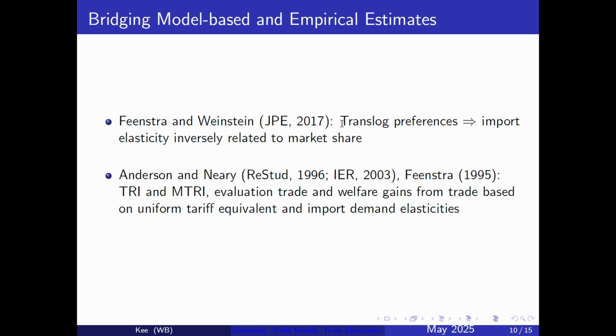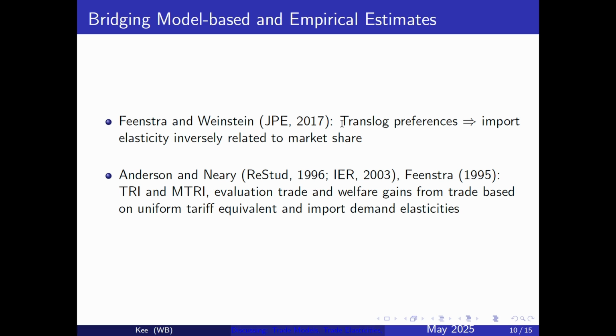And that leads me to my teachers' work, Robert Feenstra and David Weinstein. They say that perhaps we can use translog preferences rather than CES, and that will give us an elasticity estimate that is inversely related to market share. The UK has such a large market share in EU trade, so their elasticity will be different from the rest.